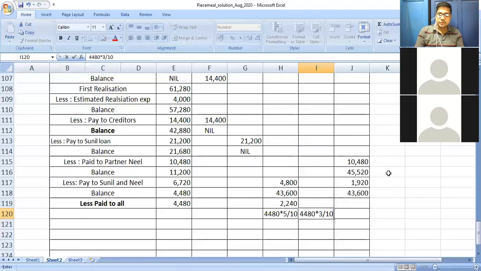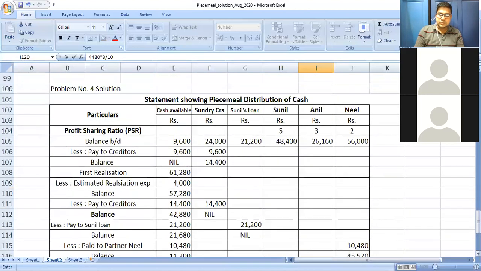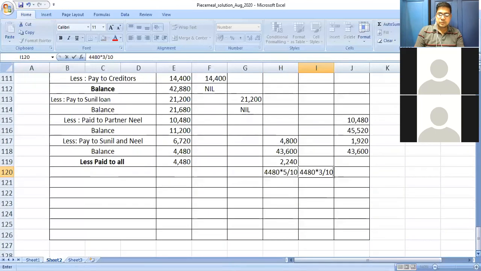His profit sharing ratio is 3, yes. 4,480 into 3 divided by 10 is 1,344.